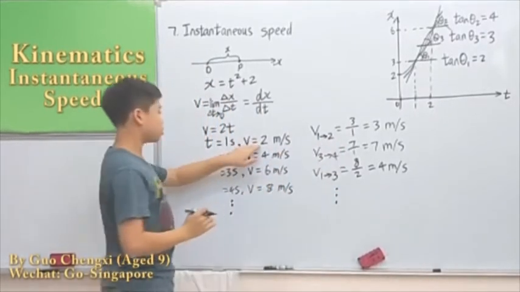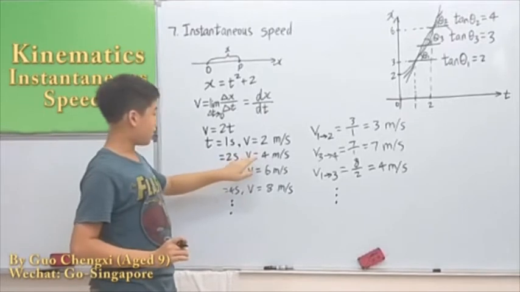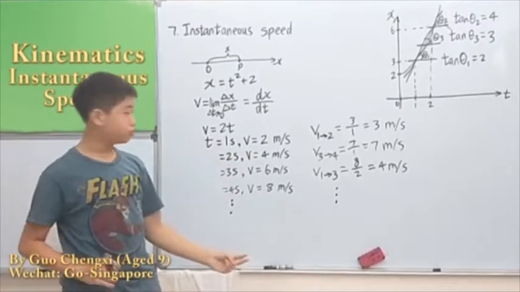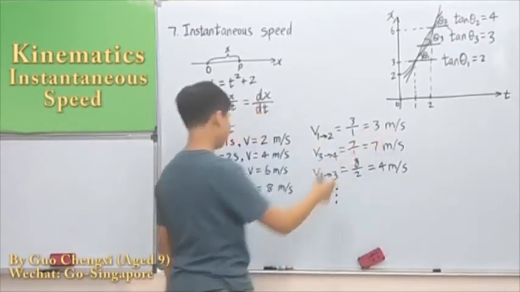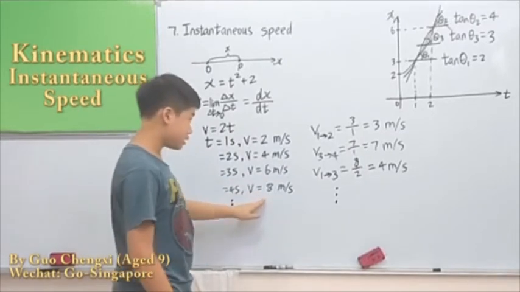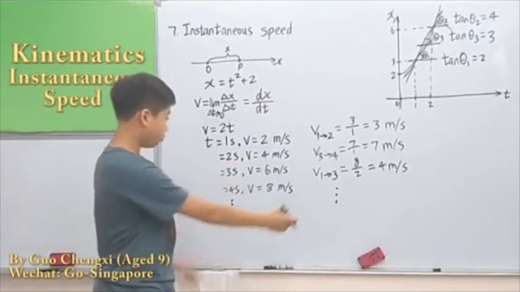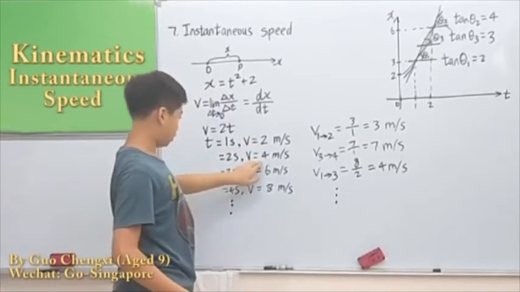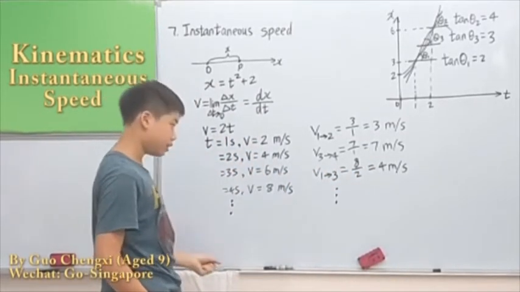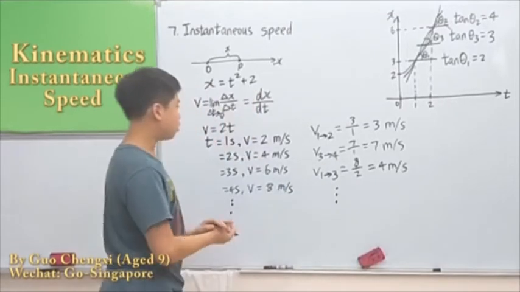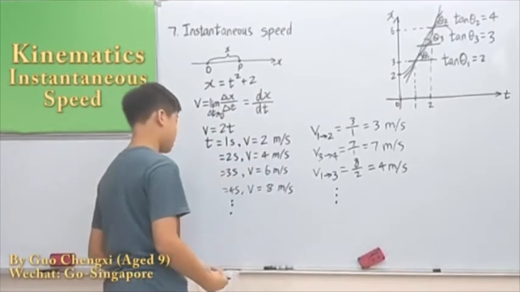If you take 2 and 4, then divide by 2, you also get 3. 6 plus 8 divided by 2, you get 7. Then for this part below, 2 plus 4 plus 6 divided by 3, you still get 4. So all of these just match perfectly.